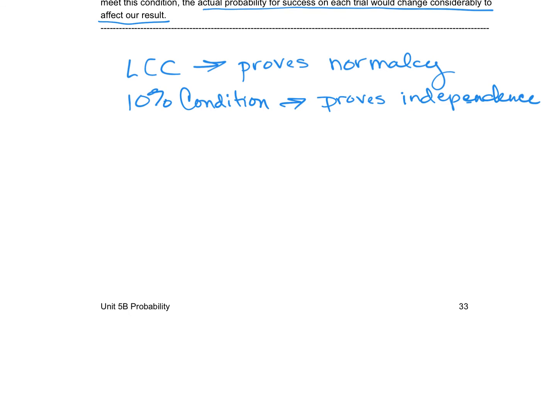As we get further in, you'll be checking for this 10% and this normal condition a lot, using the large counts and the 10% condition. 10% is for independence. Large counts is normal. You need to get that committed to memory. I don't know how to tell you other than 10% sounds like independent, a little bit, doesn't it? But large counts doesn't. So large counts is normal.